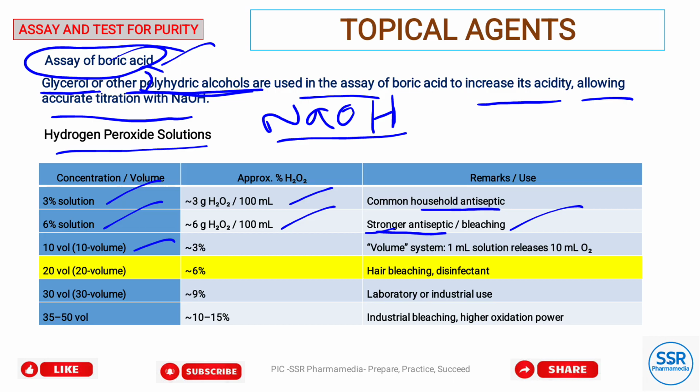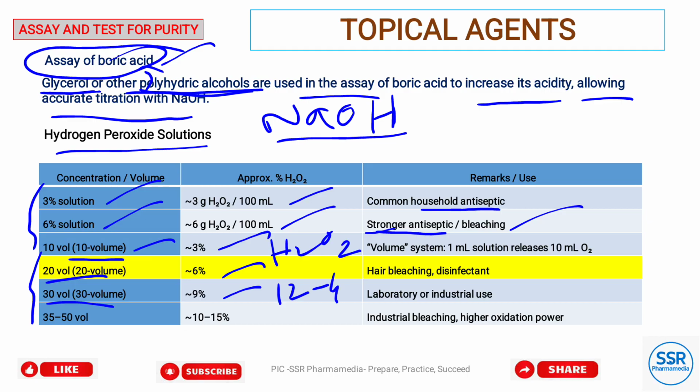Next, the volumes. These were percentage solutions. Hydrogen peroxide can also be expressed in volumes. 10 volume hydrogen peroxide means it contains 3% H2O2. 20 volumes means 6% H2O2. 30 volumes means 9%. 12% means 40 volumes.